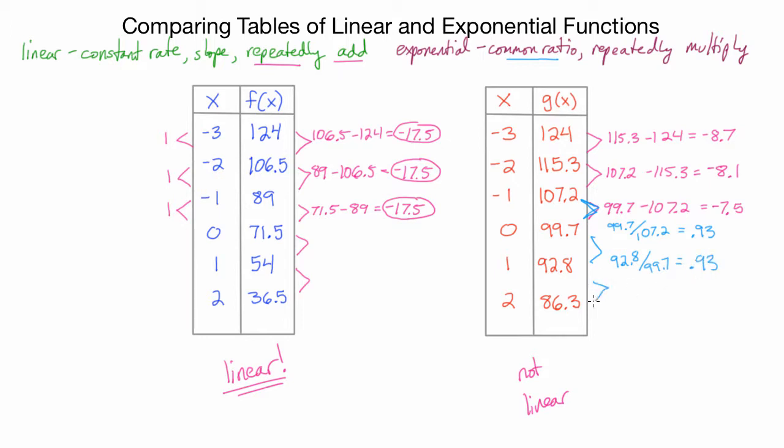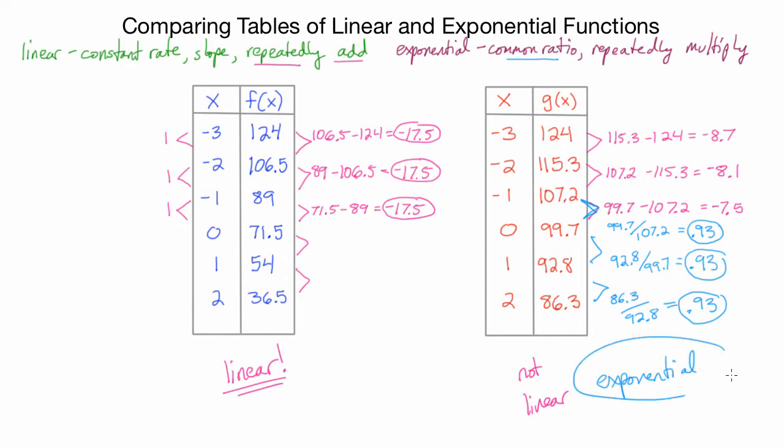Let's divide these two. 86.3 divided by 92.8 is 0.93. There we're getting some consistency, right? So whenever I divide and I get a common ratio, this consistent pattern, that is definitely cluing me in that we have an exponential function going on.